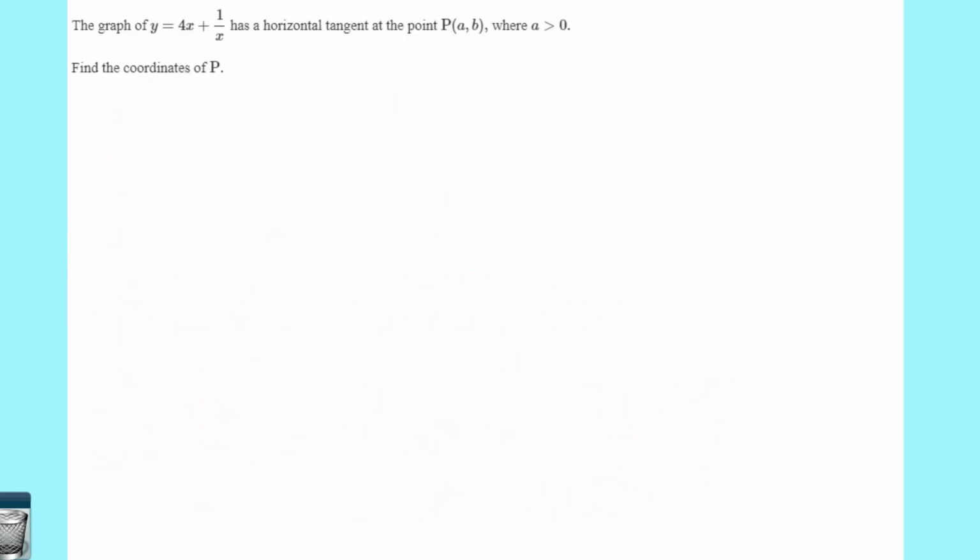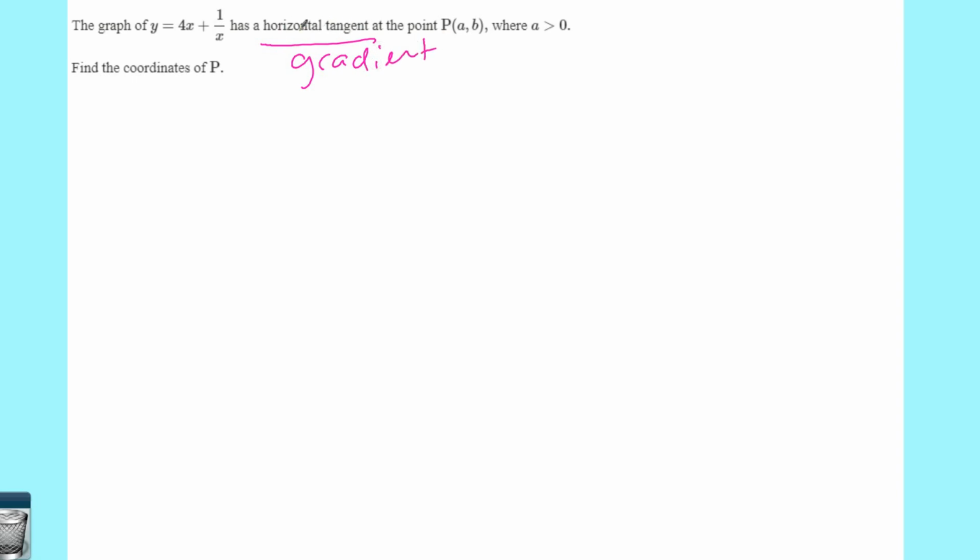There you have it. And the last problem we're going to do is the graph of this has a horizontal tangent at the point A comma B, where A is greater than 0. So we want to find those coordinates. Think about what it means to have the horizontal tangent. That means it's talking about the gradient, or the derivative.